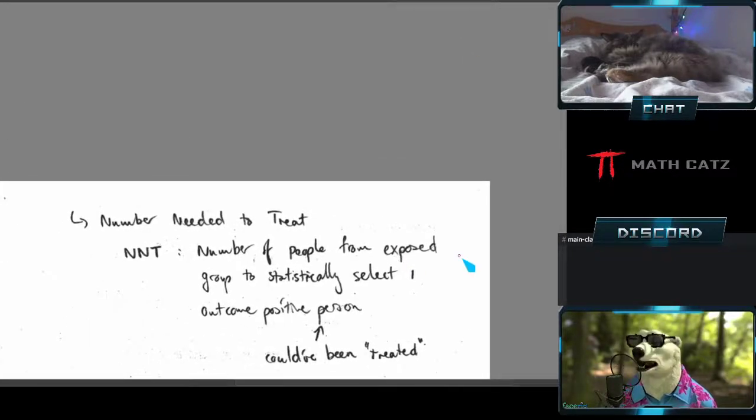One is very interesting. The number needed to treat could have some meaning to people. What is that? NNT for short. The number of people from the exposed group, unmarried in our case, to statistically select one outcome. That is, one person that has a positive outcome.